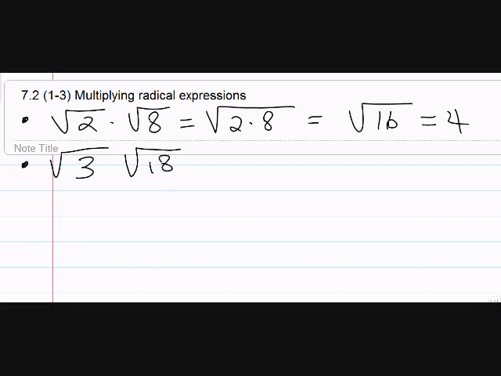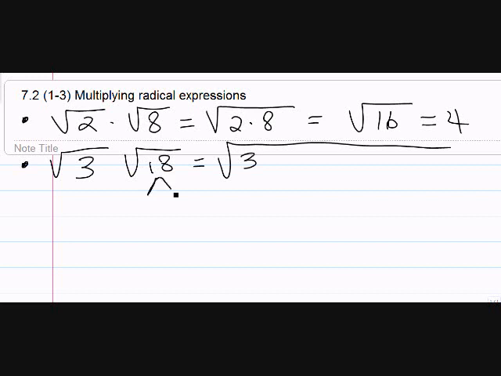Okay. 18 times 3 is 54. It's not going to work out to be a perfect square root, so we're going to make little factor trees. So 3 is a prime factor, so I'm just going to go ahead and throw that under the square root now.